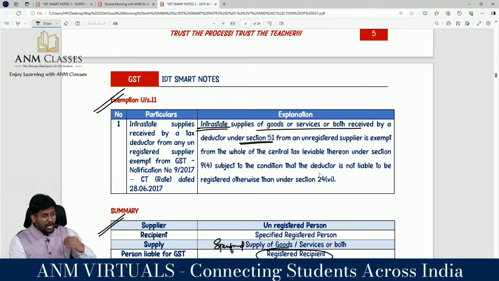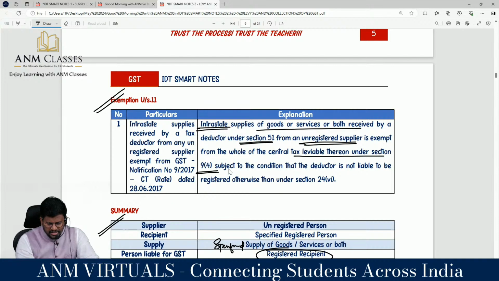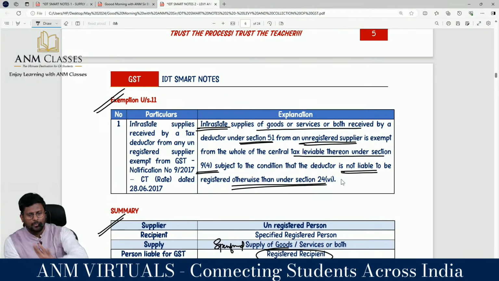Yes, but you have taken registration for the purpose of deduction of TDS under section 51. If you are getting any supply from an unregistered person, it is exempt from the whole of central tax leviable thereon under section 9(4), subject to the condition that the deductor is not liable to be registered otherwise than under section 24.